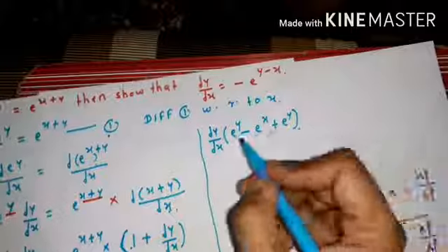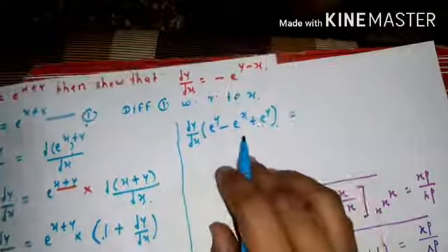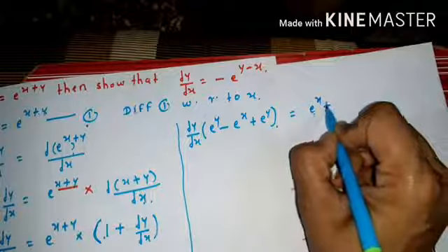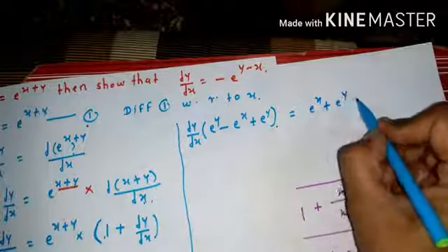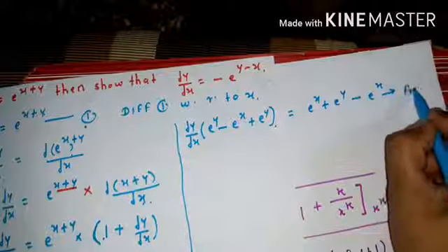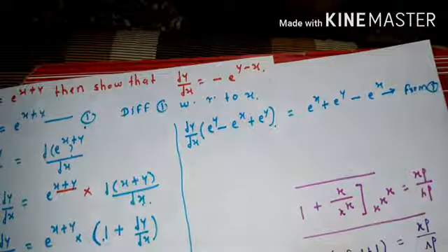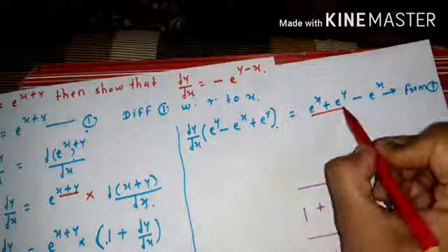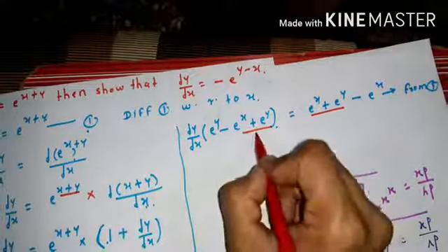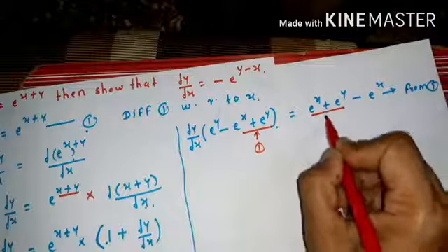This is equal to e raised to x plus e raised to y minus e raised to x. So from 1 we have put the value of this and the value of this. From 1 we have put these values.